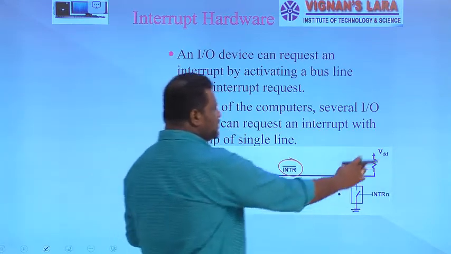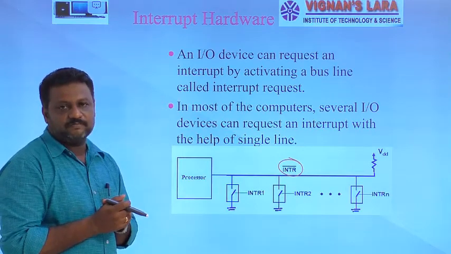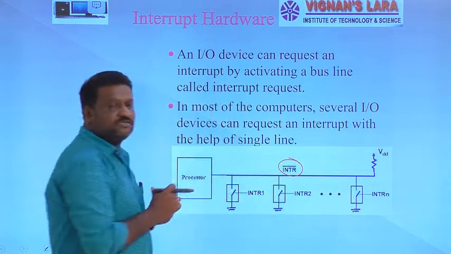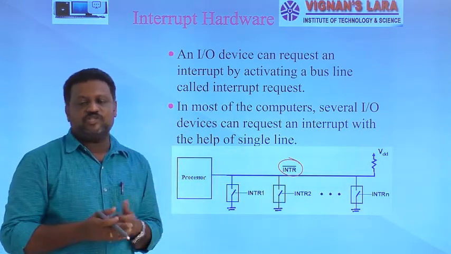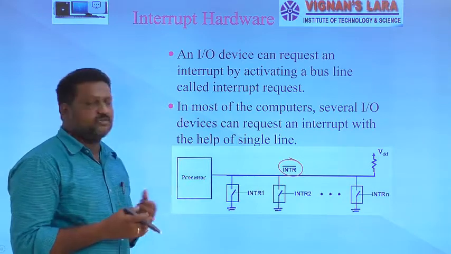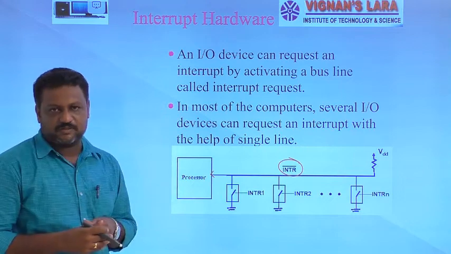It is always connected to VDD. So let us assume these are the different switches. With the help of switches only, our IO devices send the request signal to the processor. So this signal is inward to your processor.